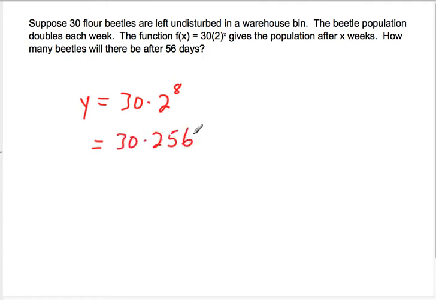So we're going to end up with a lot of beetles here. 256 times 3 is going to be, let's see, 750 plus 18, so 768. So we're going to end up with 7,680 beetles after 8 weeks. That's a lot of beetles.